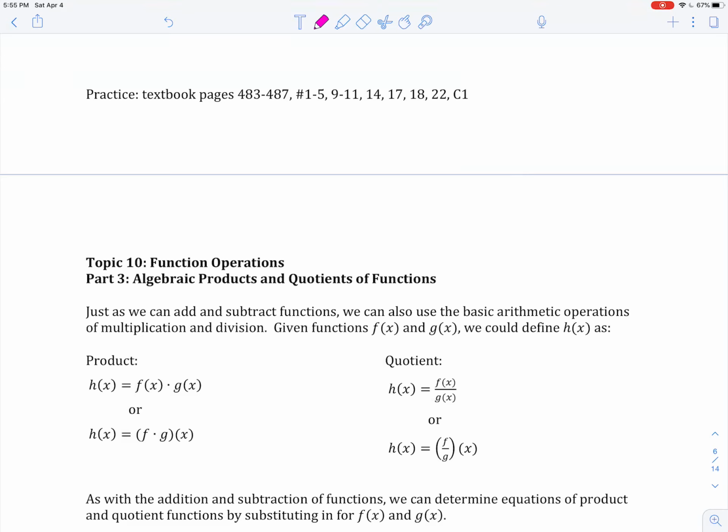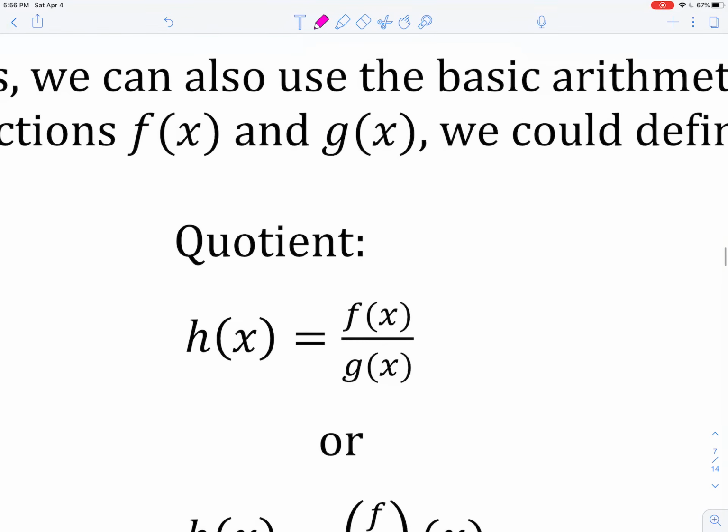But we could have an additional restriction in our quotient function's domain, because we know that we can't divide by 0. So if g of x is equal to 0, that's bad. We do not want g of x to equal 0. It will cause restrictions in our domain, again, because we cannot divide by 0.